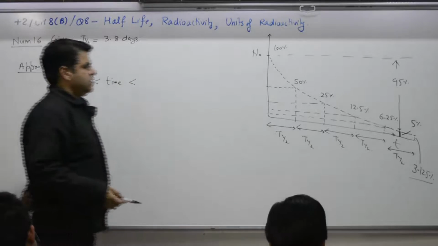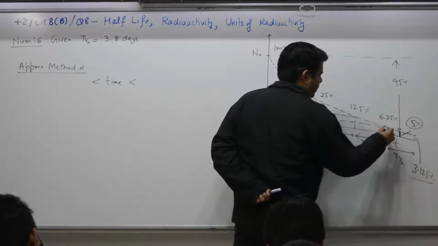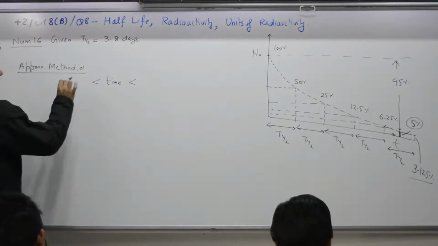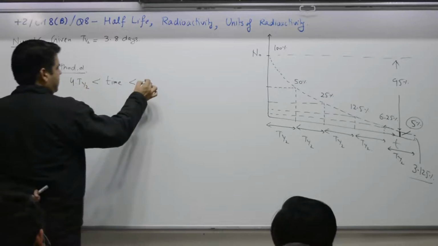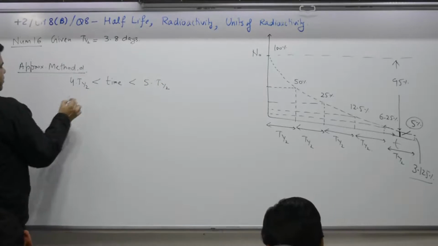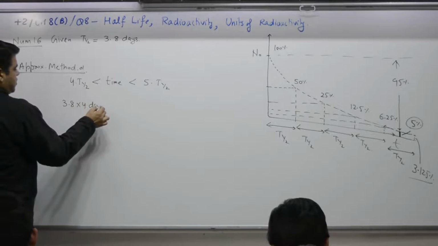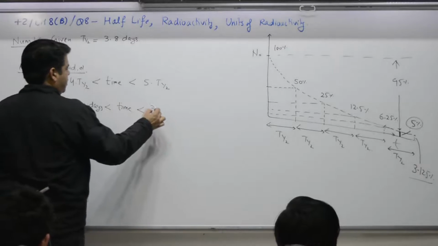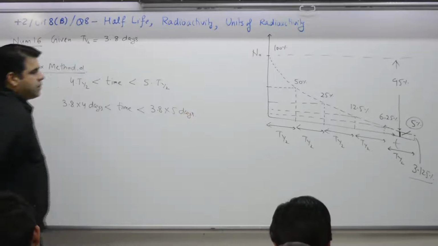This value 5% lies between 6.25 and 3.125. So the time lies between 4 half-lives and 5 half-lives. 3.8 into 4 days and 3.8 into 5 days.